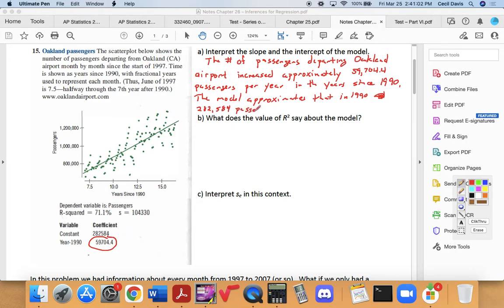If you said people there, would you get points off? That's a legitimate question. I tried to keep it to whatever they said in the problem. Turtles can be passengers too. Would you count off for turtles? They departed Oakland Airport.